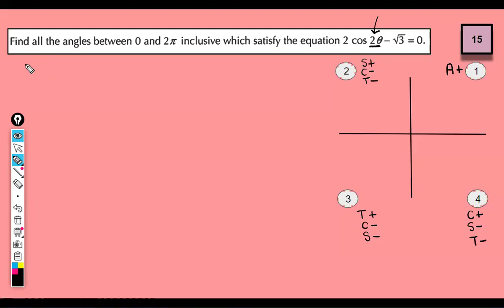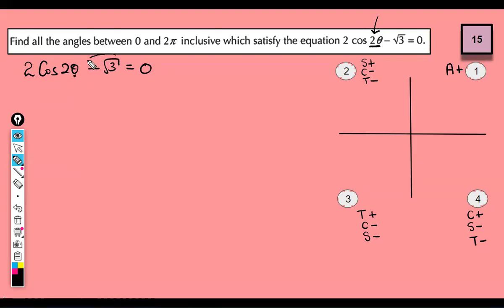Now, I'm going to write back the question here. 2 cosine 2 theta minus the square root of 3 is equal to 0. Is this question a negative question or positive question? The truth is, it's too soon to tell. So when is the correct time to tell? Well, let's begin to solve for theta.